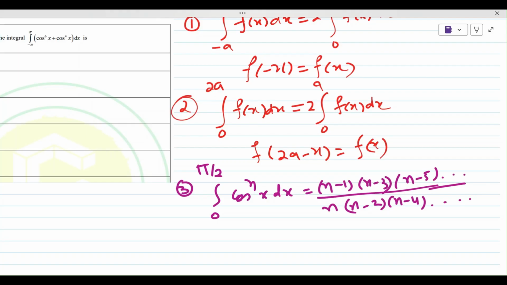We are not going to write negative or zero values here, and it is multiplied by pi by 2 if n is an even number.